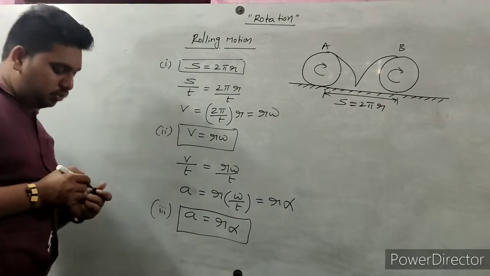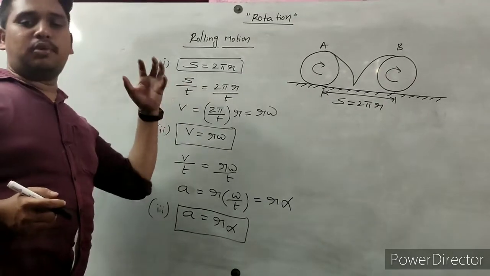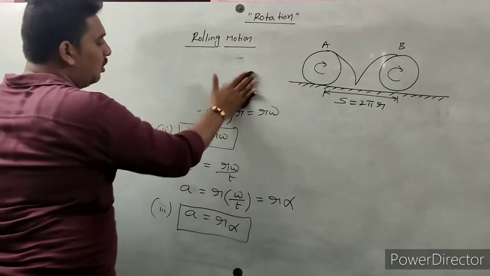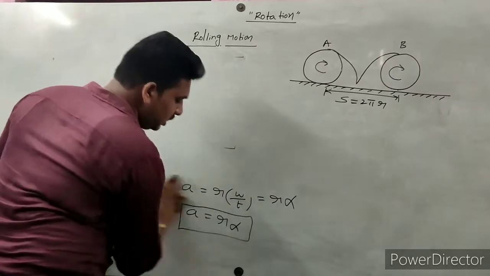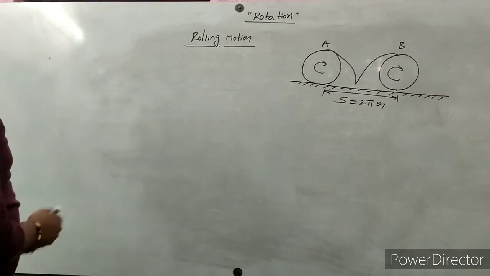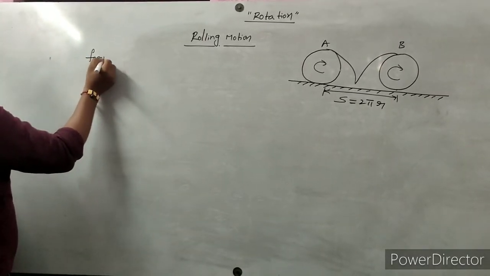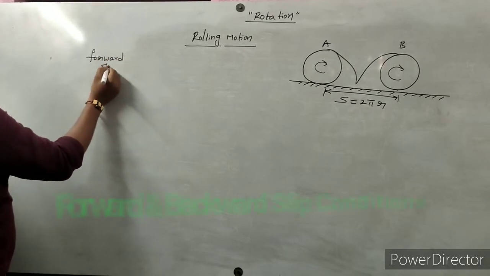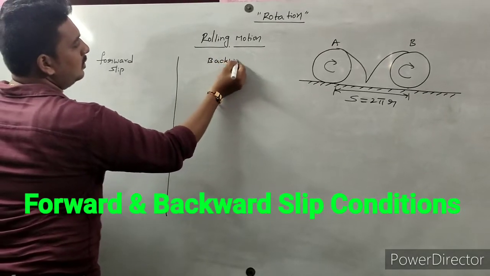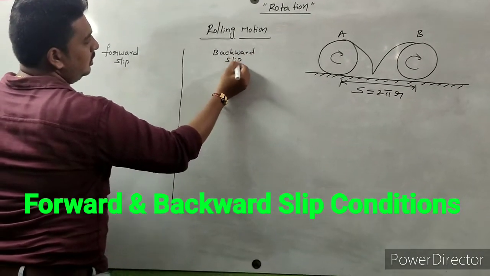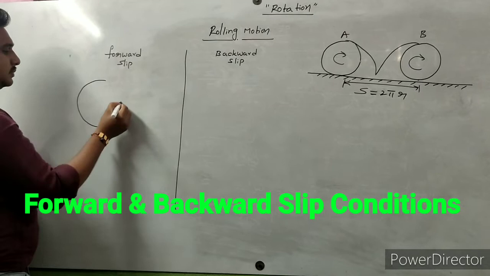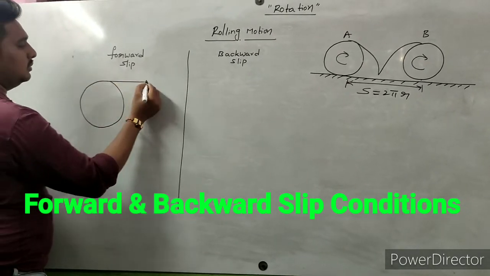Next we move on to the most important concept in rolling motion, that is forward slip and backward slip. First of all, we observe forward slip, and next, backward slip. Forward slip means, here is the body.